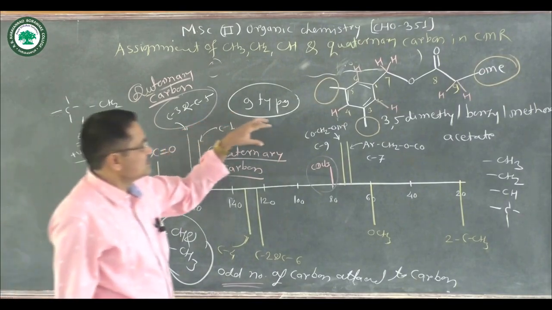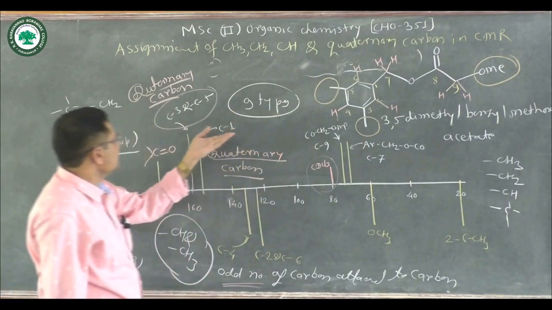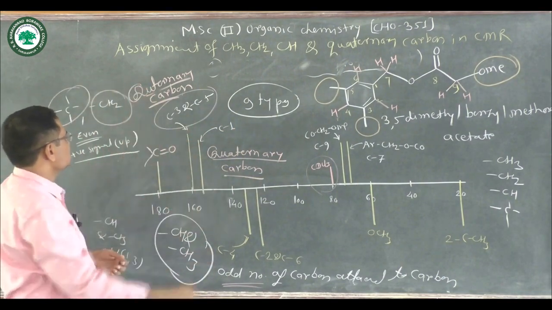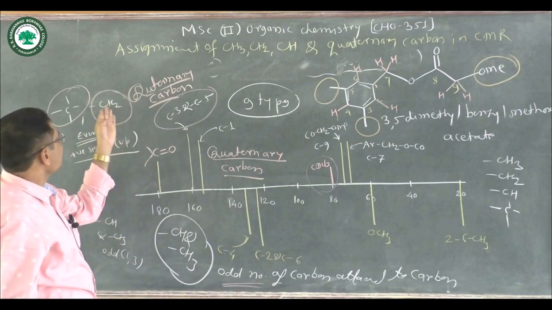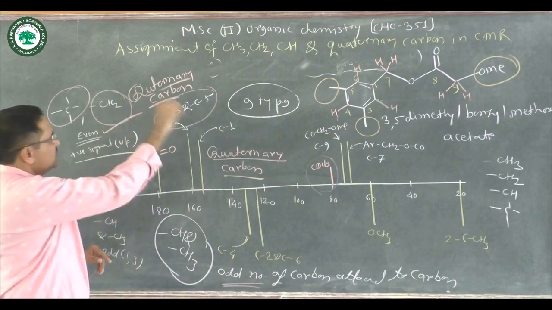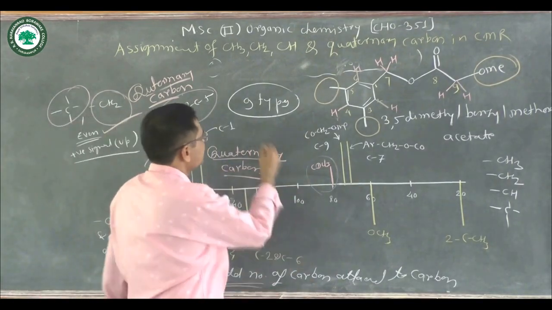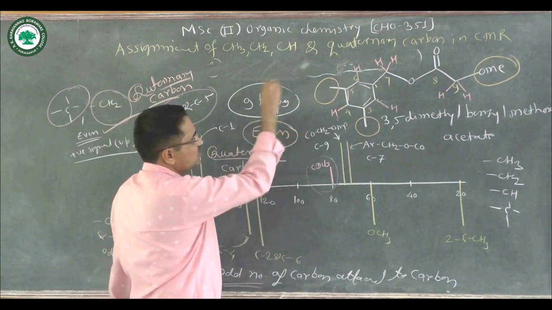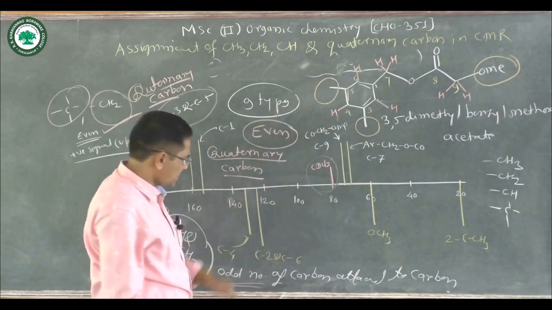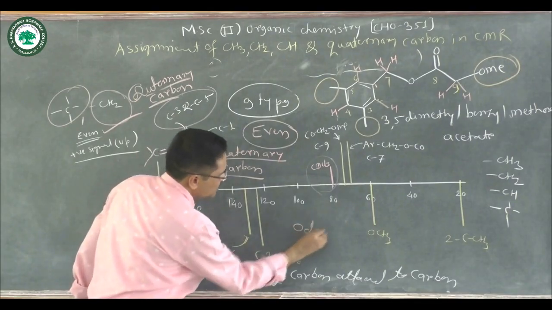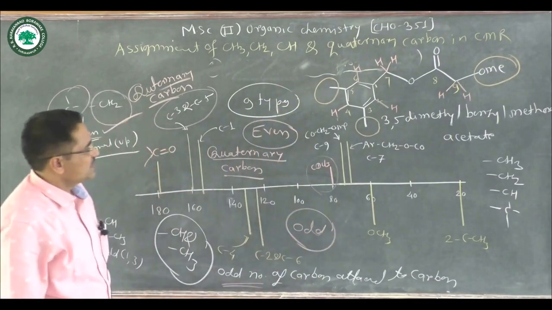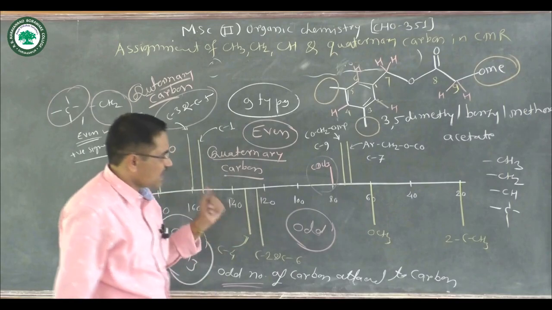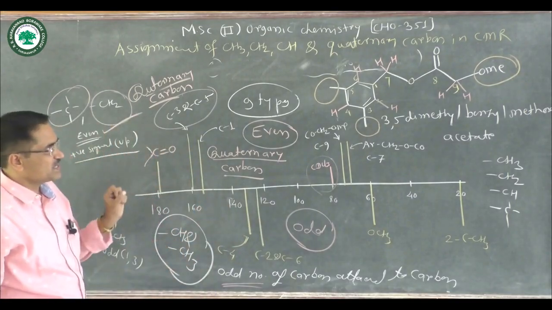When we consider the APT test, the upper side is for quaternary carbon and CH2, meaning the number of protons attached to these carbon atoms is even, and the downward side is for an odd number of hydrogens or protons attached to the carbon atom. This is the APT test.